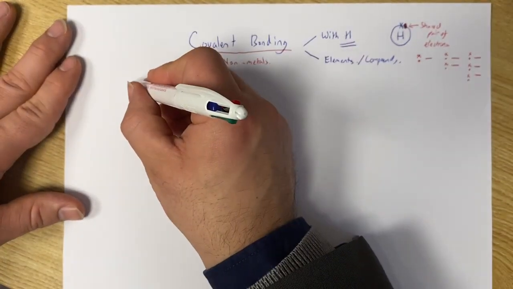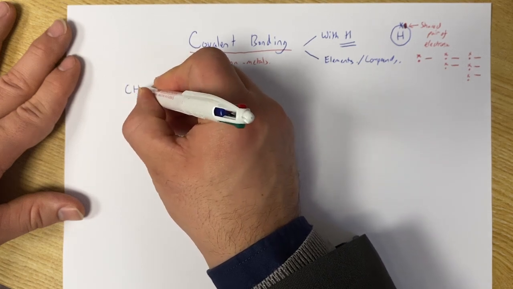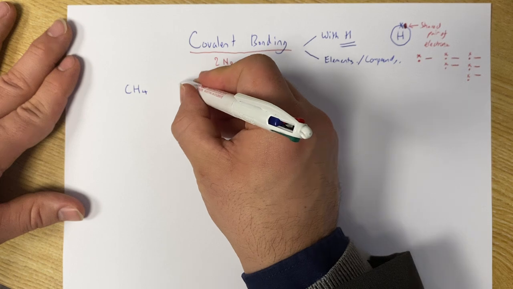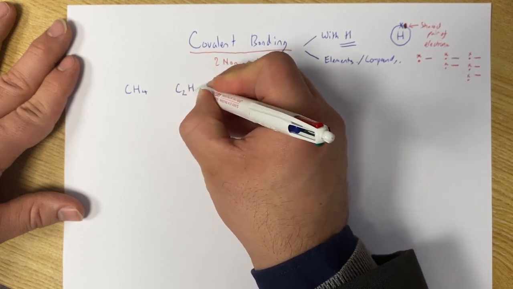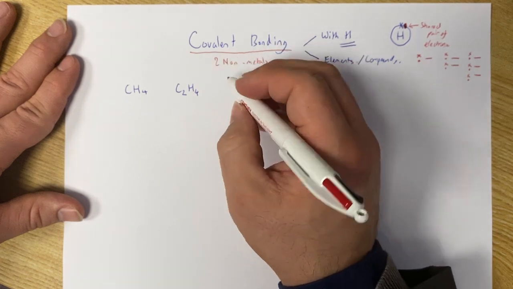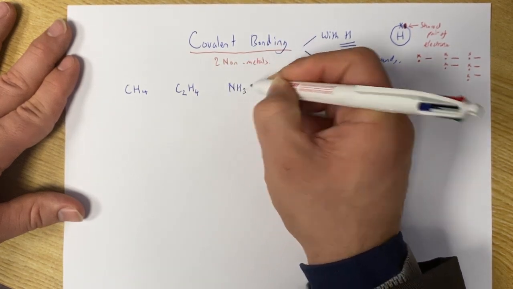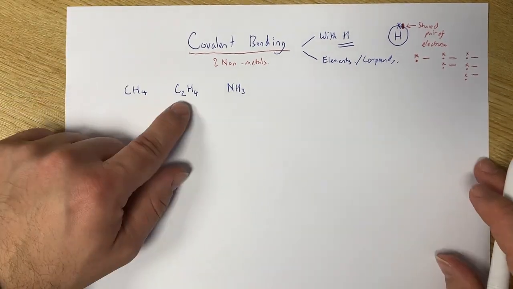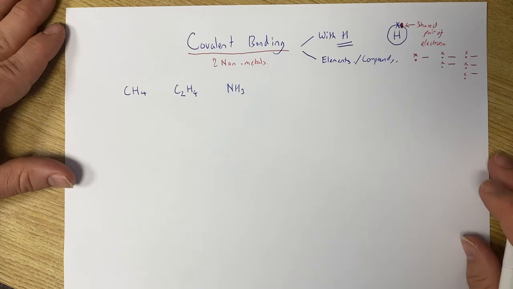So let me just give you 3 really simple examples to think about. Okay, so methane, I'm going to do ethene, and ammonia. You can see they all contain hydrogen.